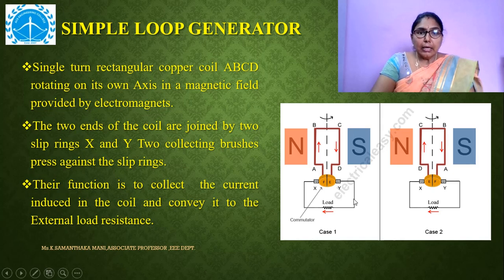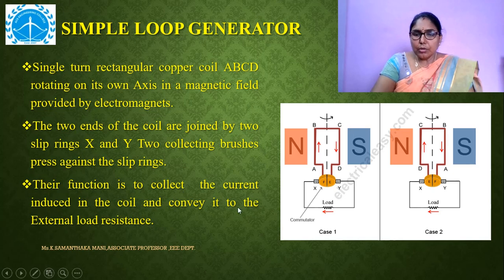Here a single turn rectangular copper coil ABCD, as I mentioned, rotates on its own axis in the magnetic field provided by the electromagnets. These two are electromagnets. The two ends of the coil are joined to the two slip rings X and Y. Their function is to collect the current induced in the coil and convey it to the external load resistance.